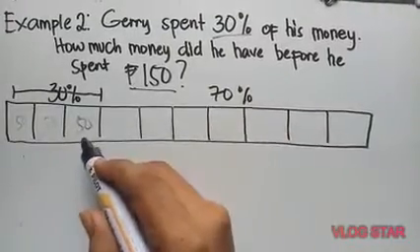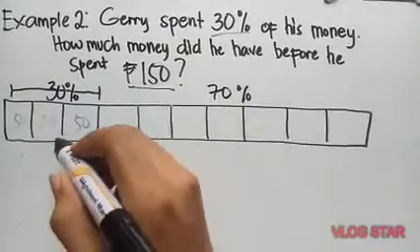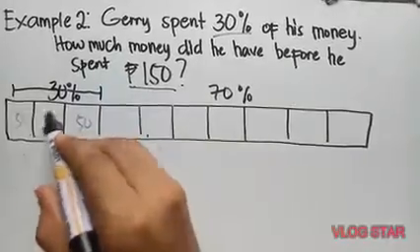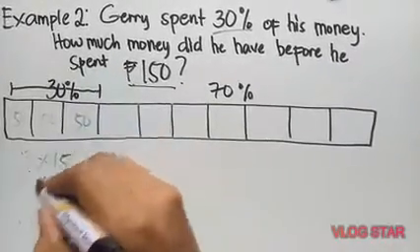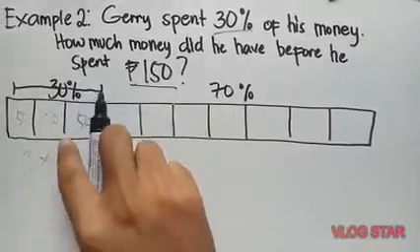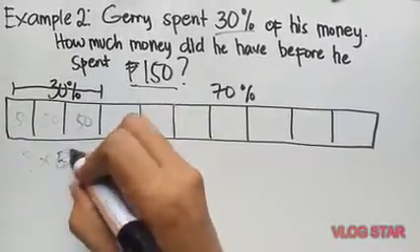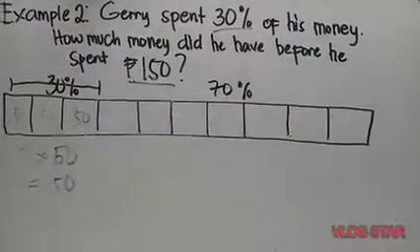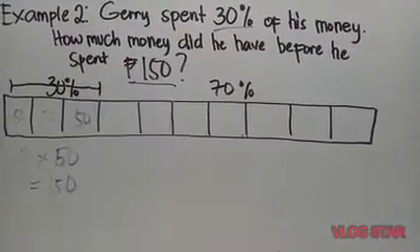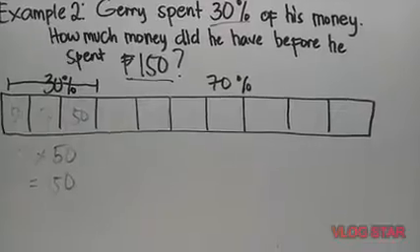If 10% is equal to 50 pesos, then 3 times 50 is equal to 150. That is the 30%.